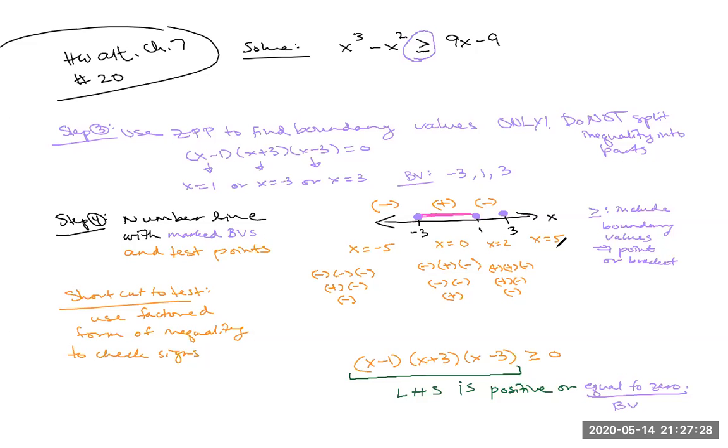When x is equal to 5: positive, positive, positive. So the left-hand side is positive there. So we do shade that side as well.